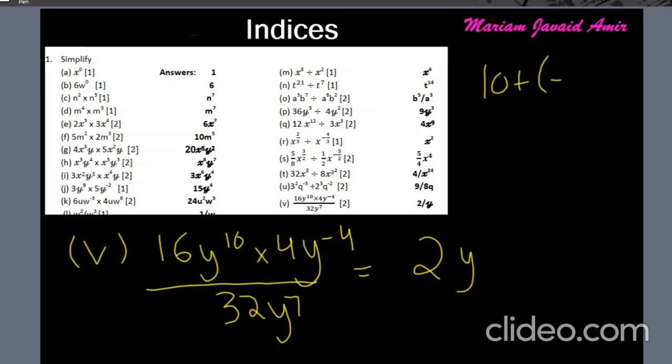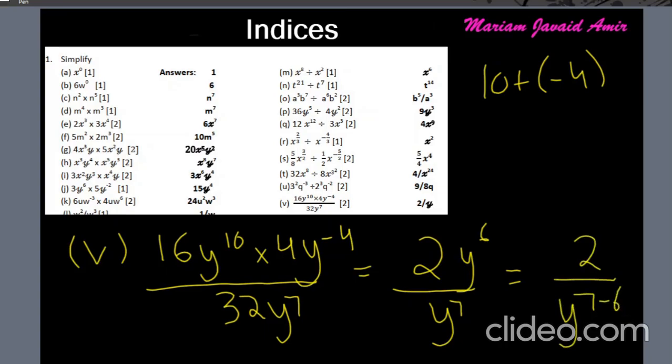So 10 plus minus 4 will become 6 over y power 7. So 2 stays up, and then y, bigger power minus smaller power. So this becomes 2 by y.